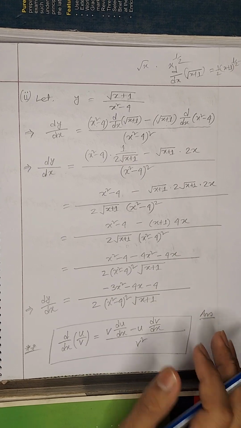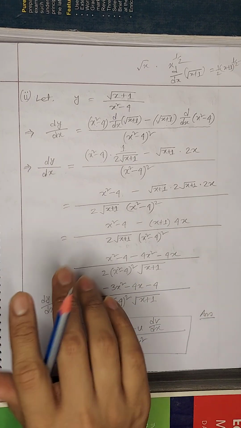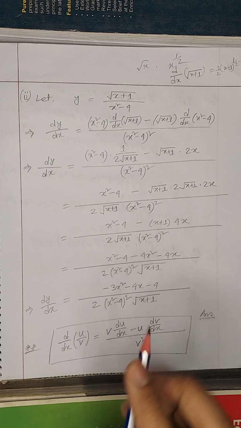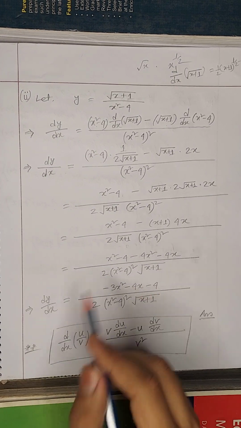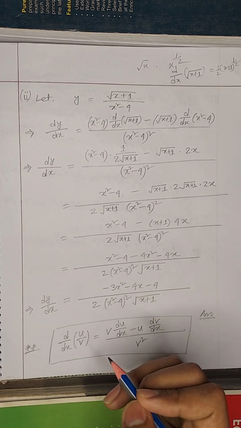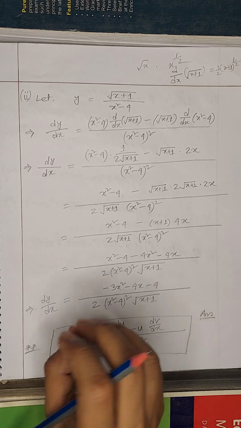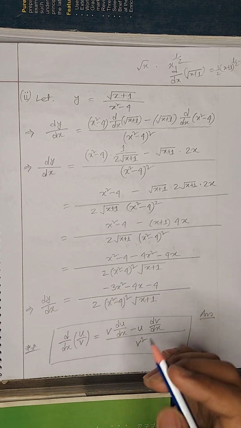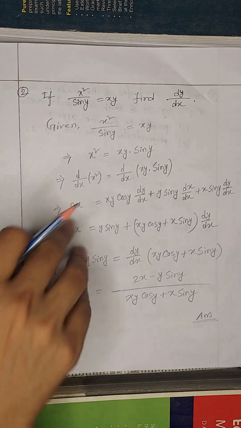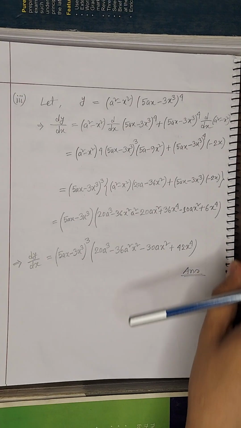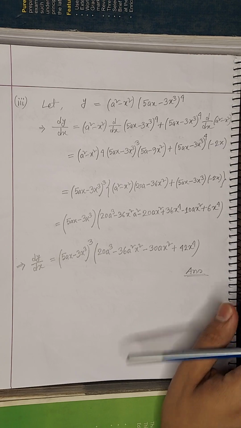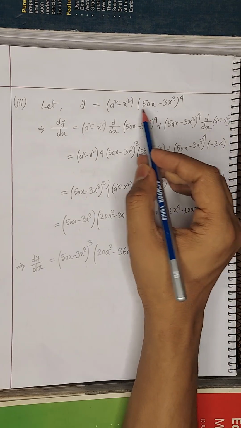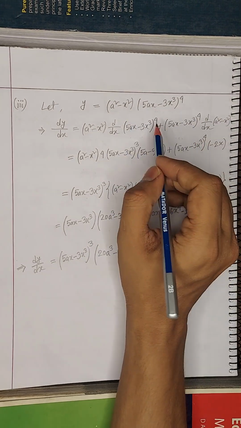Okay. So I have shown you two problems. The first problem was a UV formula, which is multiplication, when the two expressions are in multiplication form, and this is the division form. Okay. Now another problem which is in UV form.